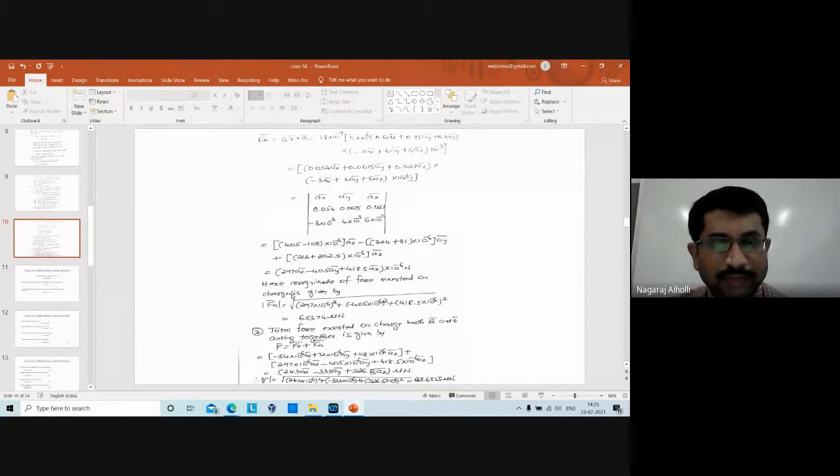Next, we have to find the magnitude of the force, which is the absolute value. Expressing it in terms of 10 raised to minus 6, it is 297 AX bar minus 405 AY bar plus 418.5 AZ bar, in micronewton.